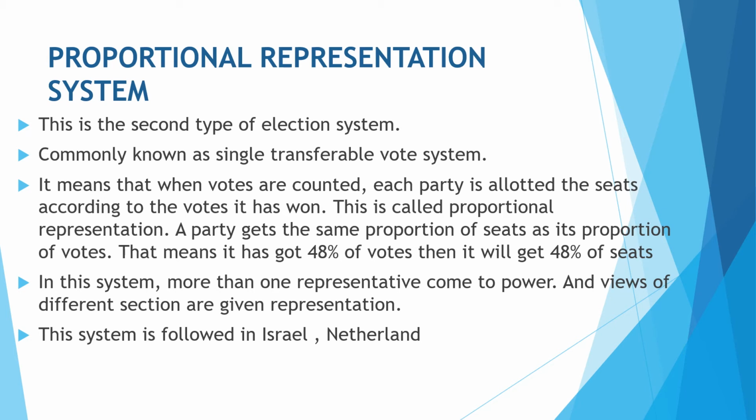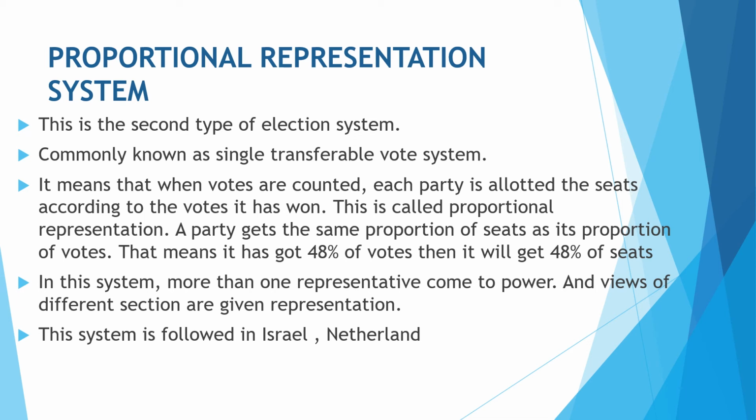Party A got 50% of votes in the election. Party B got 30% of votes, and Party C got 20% of votes. On the basis of their votes, they secured seats in the parliament. Because party A got 50% of votes, it got 5 seats.